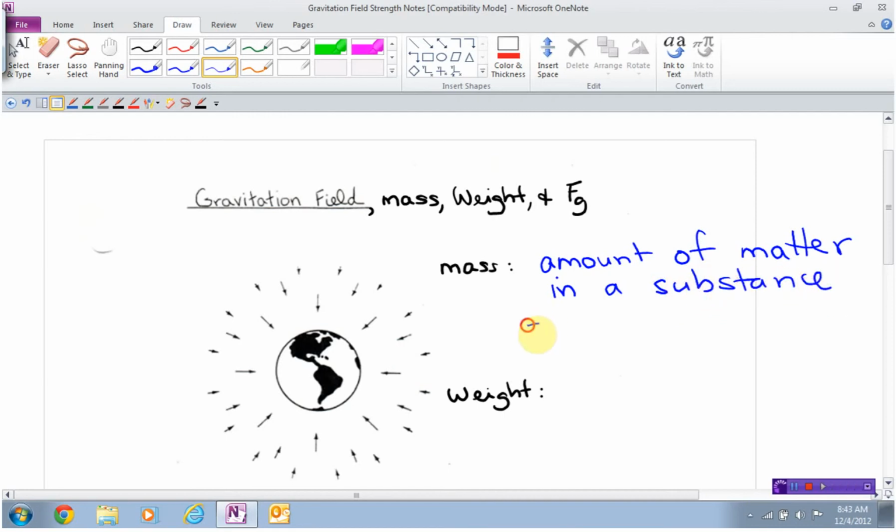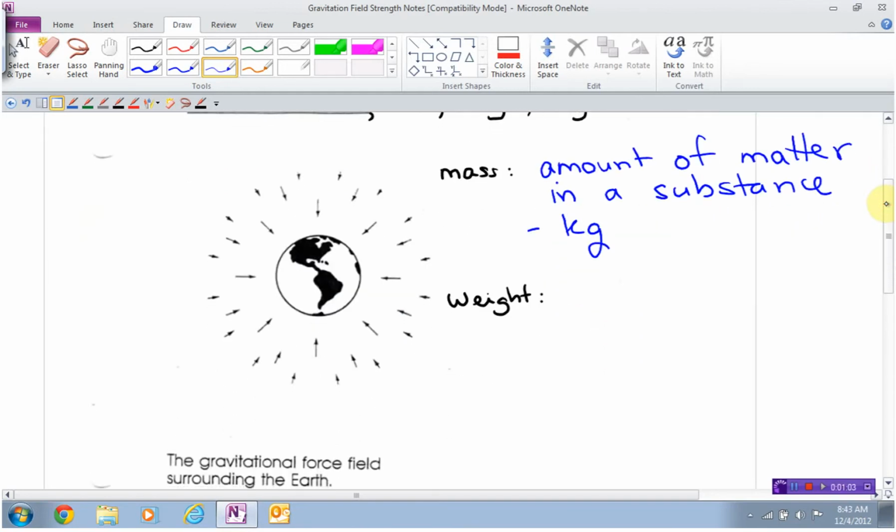It's measured in the units of a kilogram, and it does not depend on your location. You do not change your mass just because you move from one place to another. Your mass will be the same on the Earth as it is on the Moon, as it is on Jupiter, any other place that you go.